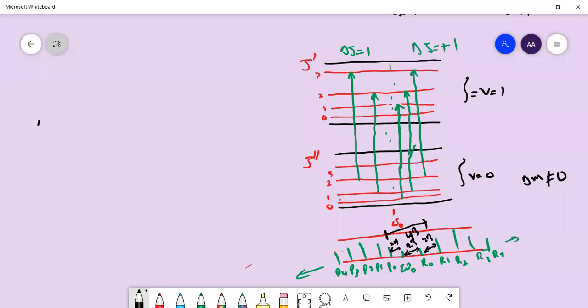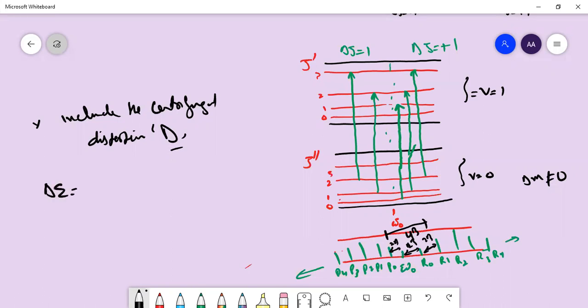Now, if we include the centrifugal distortion constant D. In the starting, we said let's not consider this centrifugal distortion constant because the value of this D is very negligible. So we have neglected it so that the equation will not become that complicated. However, if you include this centrifugal distortion constant, the energy will be given by your omega naught minus 2Bm.